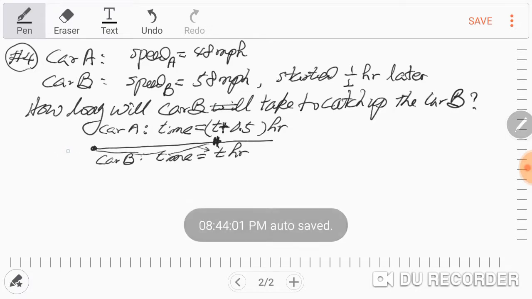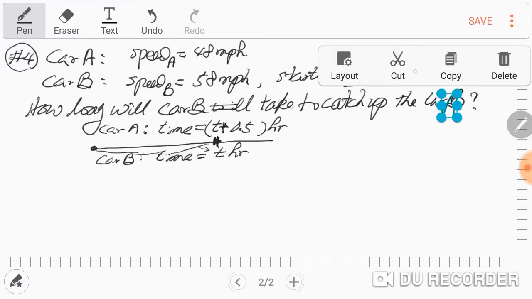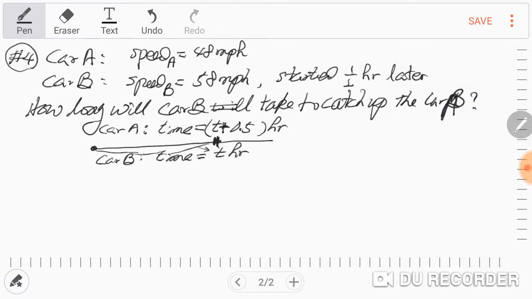Okay, how long will it take for the second car, I mean the car B, to catch up to the first car? Sorry about this one, I wrote it incorrectly. So how long does it take for the second car B to catch up to the first car A?